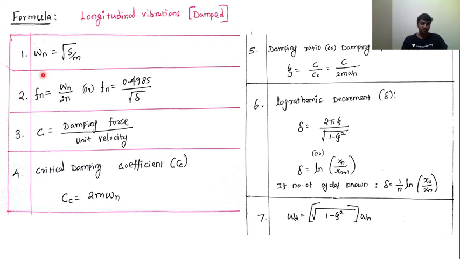The second formula, we know that natural frequency fn is equal to omega n divided by 2 pi, or fn is equal to 0.4985 divided by root of delta. Here fn is directly proportional to omega n. Omega n is the natural frequency of the system, but the unit is radian per second. Coming to the frequency, it is hertz.